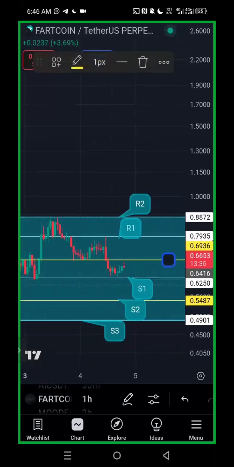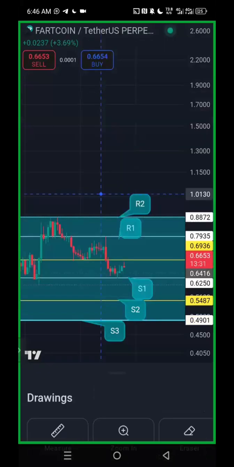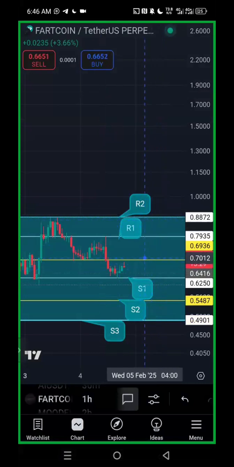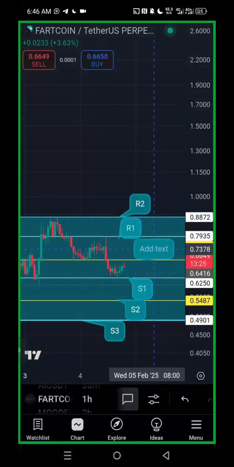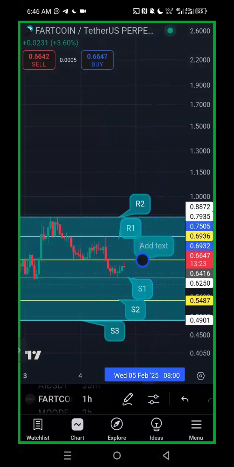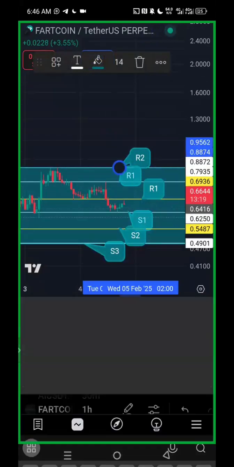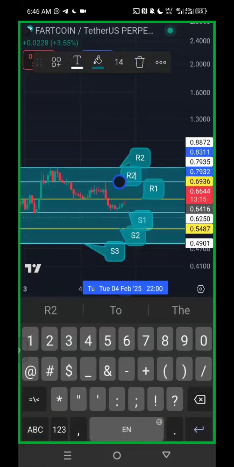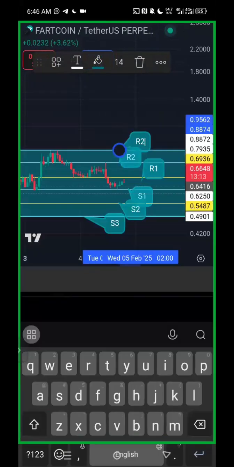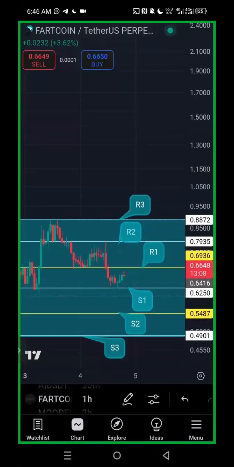Then this would be our S. This will now be our R. This would be our R1. So this is R1. Then this one will change to R2. And then the other one now becomes our R3. And you're good.